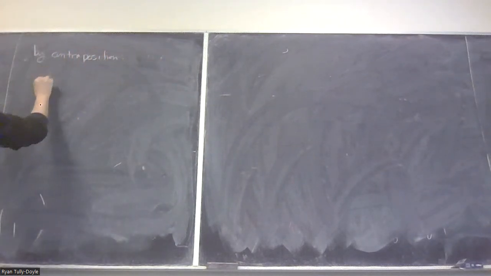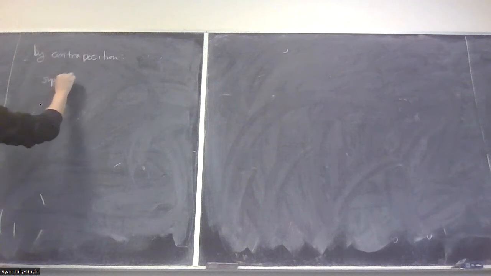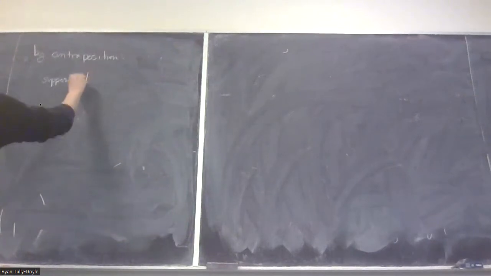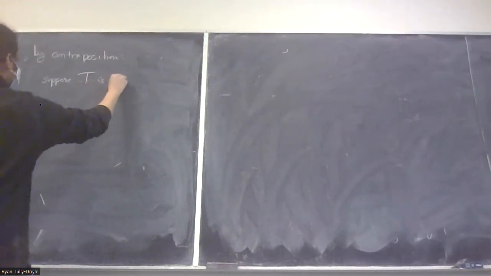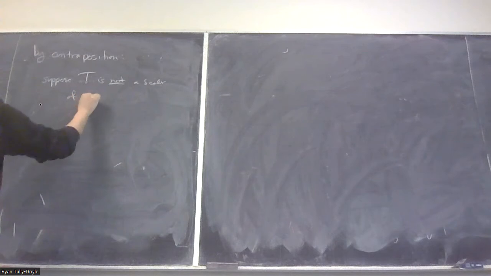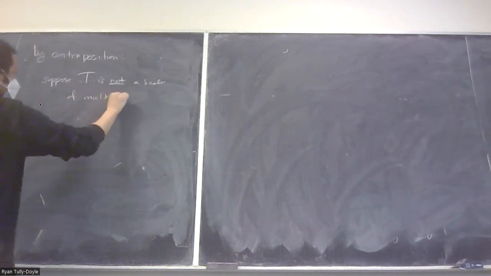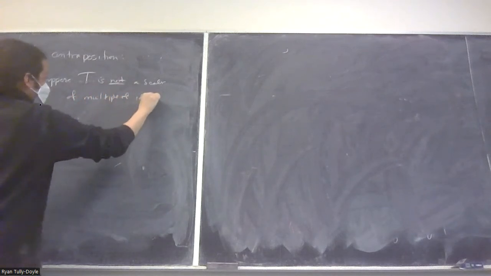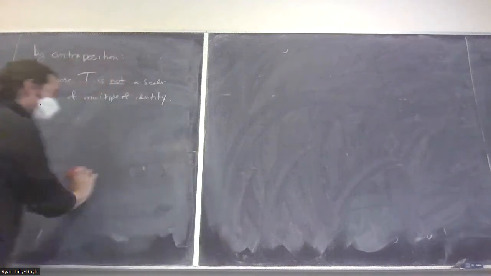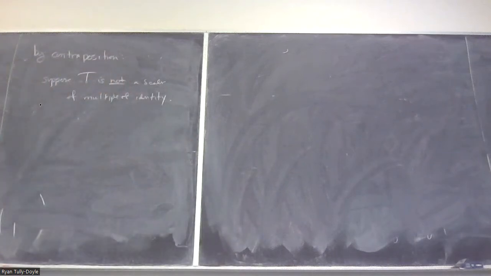What we're going to do is suppose that T is not a scalar multiple of the identity. This entire argument is going to pivot off of showing that there exists a single vector for which this thing does not commute.